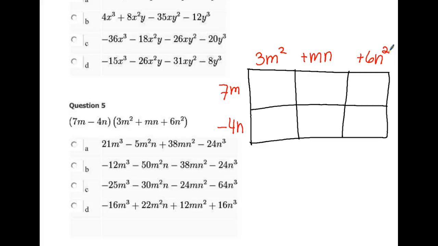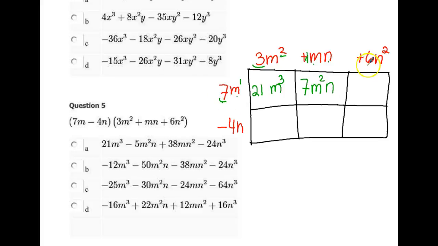Now I'm going to multiply. 7 times 3 is 21. M times m squared is m cubed because we add the powers. 7 times 1 is just a 7. M times n is m squared. And there's no n's except this one.